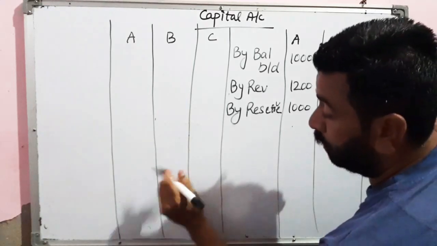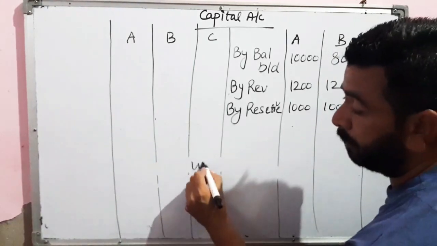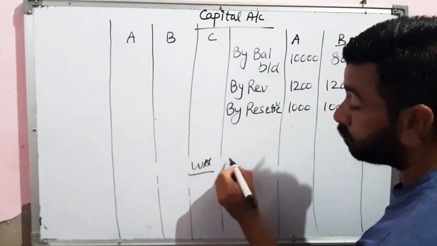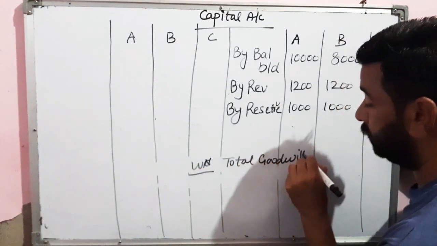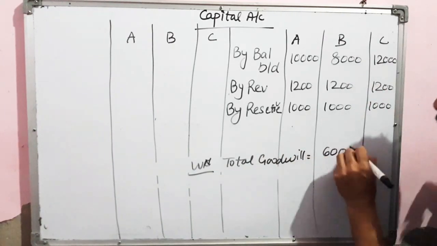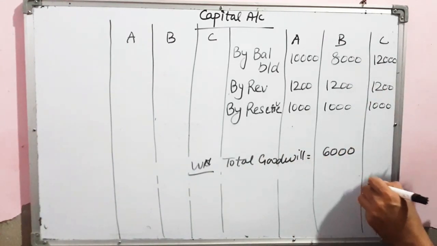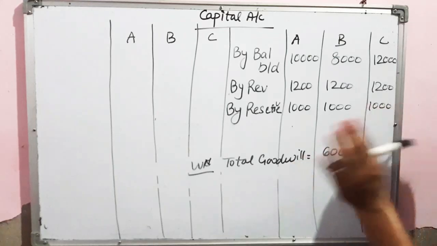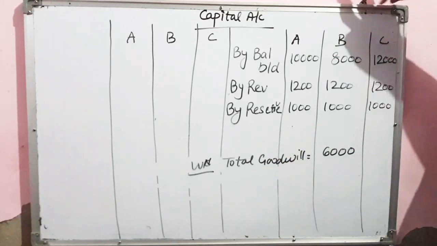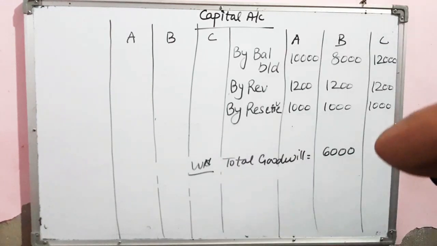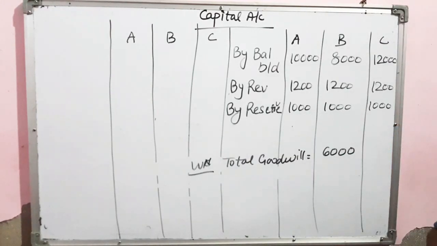So the total goodwill, working note I am making, working note, total goodwill is 6,000. So we will distribute the share of the retiring partner's goodwill into the remaining partners' capital accounts.